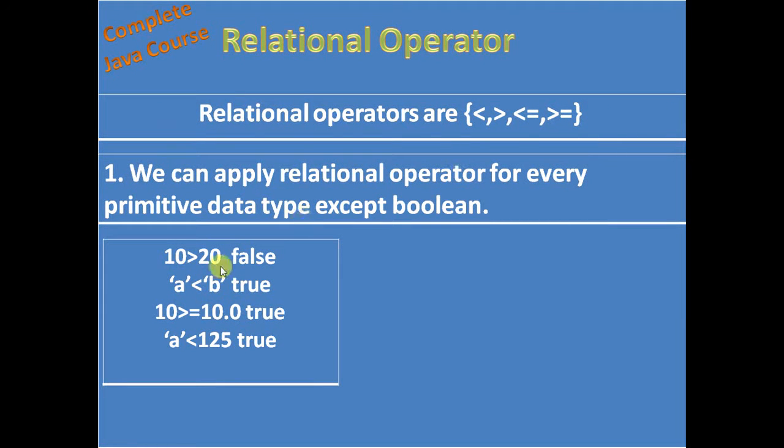Okay, so if we apply the relational operator on integer types, you will get results like: 10 greater than 20 is false, a less than b is true, 10 greater than or equal to 10.0 is true, a less than 125 is true.